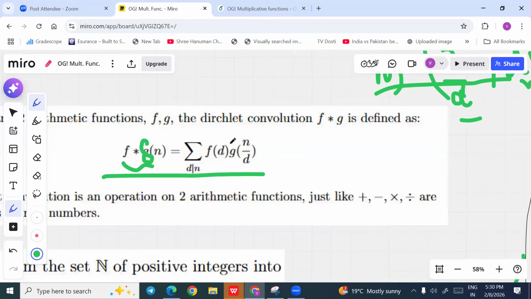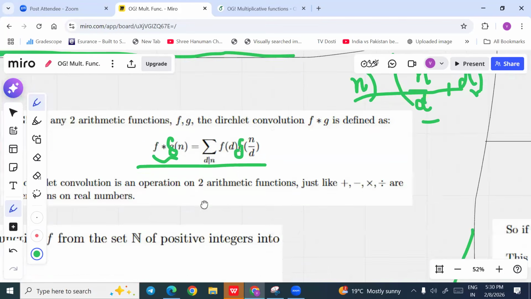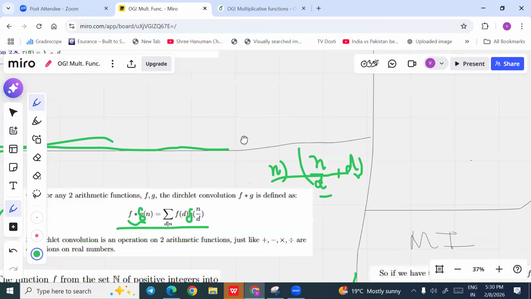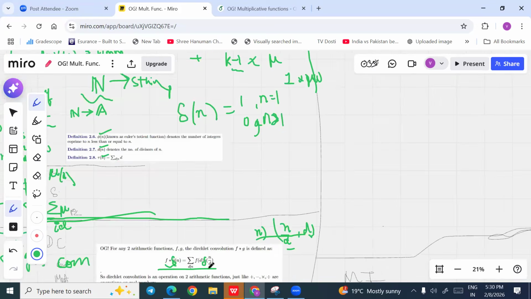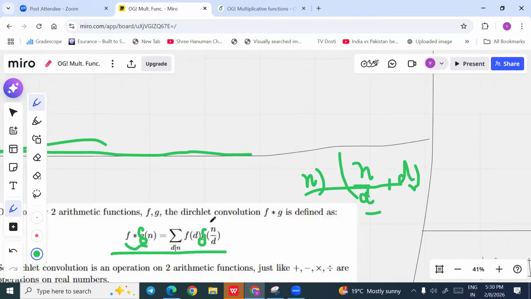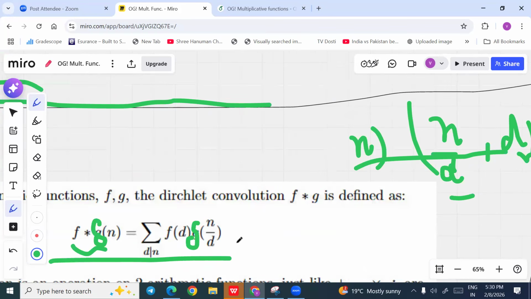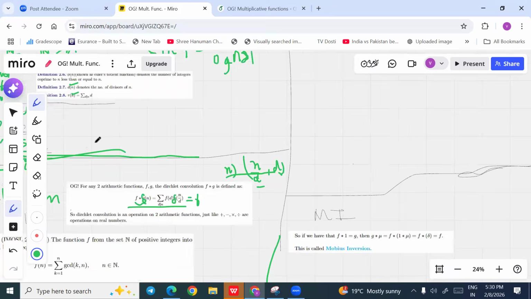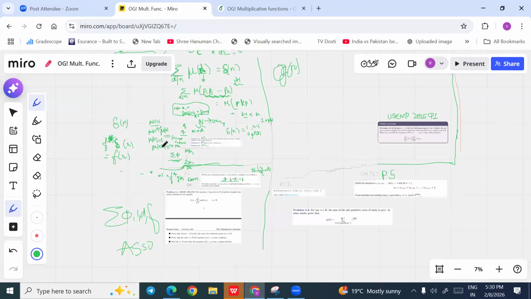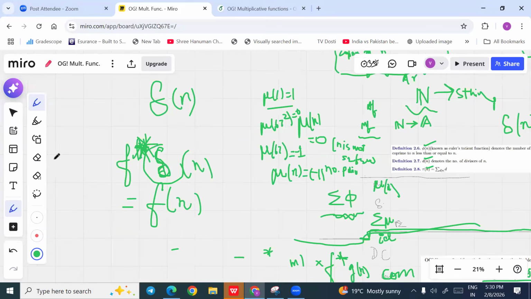If I replace g with delta, you know that Dirichlet delta of n is 0 when n is greater than 1. So you ignore all the terms except the term where d equals n, and this comes out to be f of n. So the delta function acts as an identity for the convolution operation.